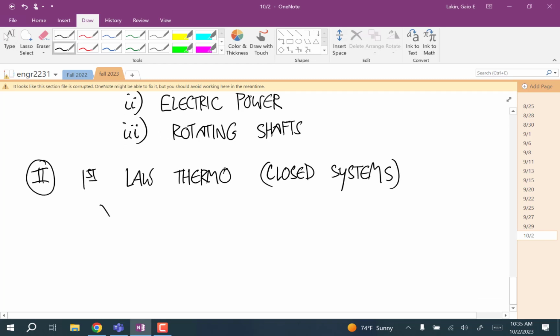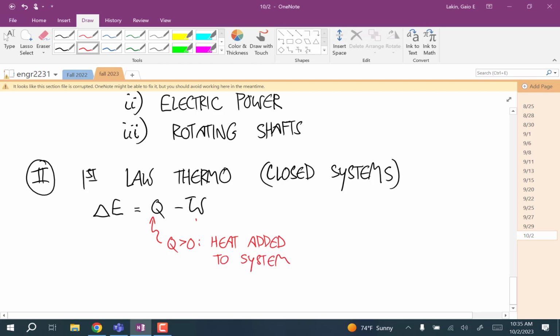And that says the change in energy is equal to Q minus W. You always have to be aware of this sign convention. Positive Q means heat added to the system. Positive W means work done by the system.